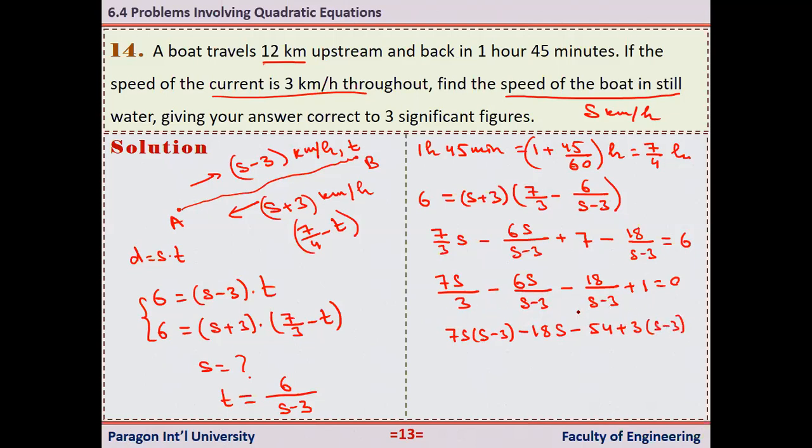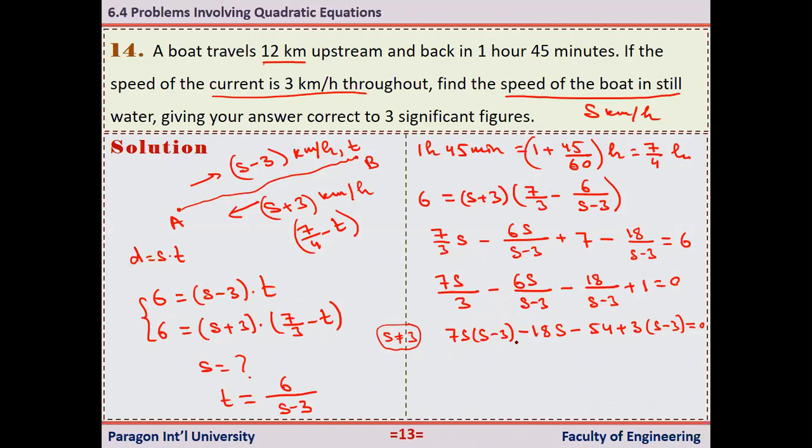And in the denominator we have 3 times s minus 3, so we multiply both sides by 3 times s minus 3. On the right hand side we have 0, and on the left hand side we have this expression, equal to 0. But here we have one exception: we can do that assuming that s is not equal to 3, because if s equals 3 we will have 0 in the denominator. Anyway, it doesn't give us any solution.